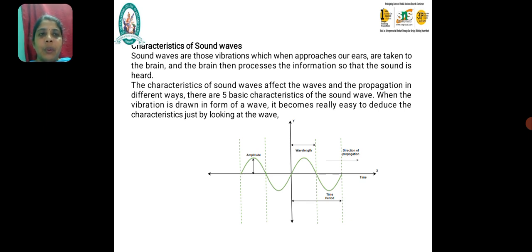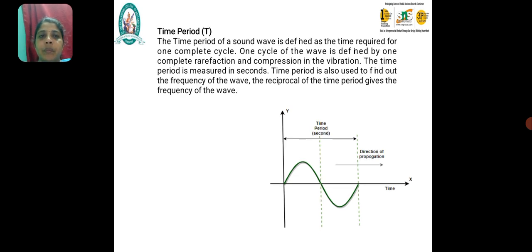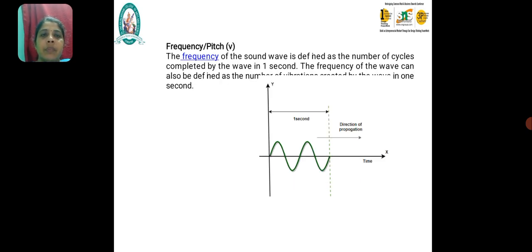Wavelength is the distance covered between the initial point and the repeated point. The time period is the time taken for each and every cycle, indicated by the time T. Next, frequency or pitch. Frequency is the number of cycles taken to complete the wave in 1 second.